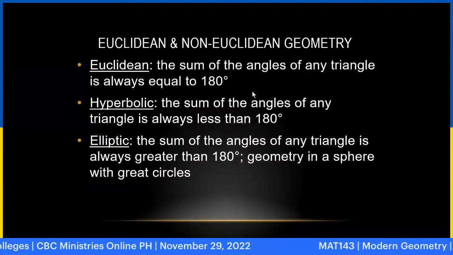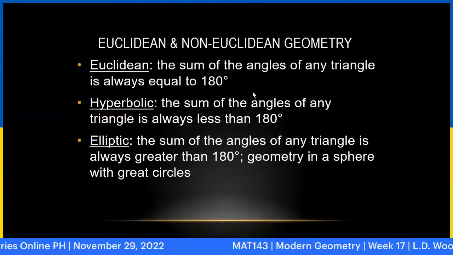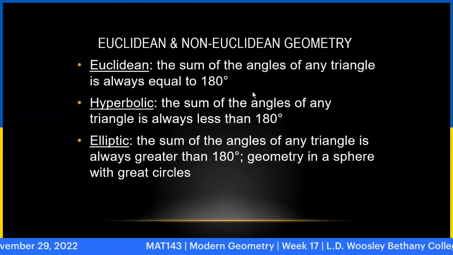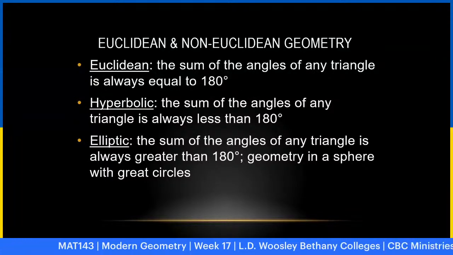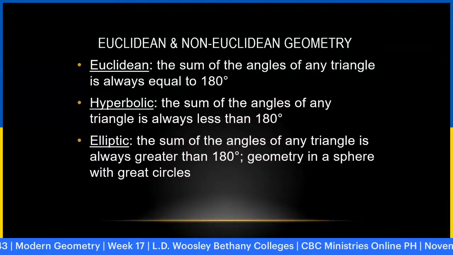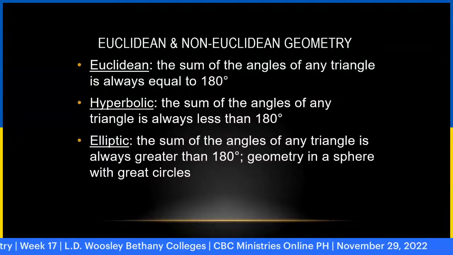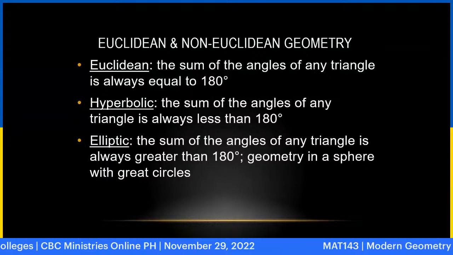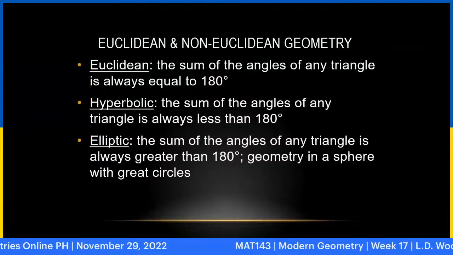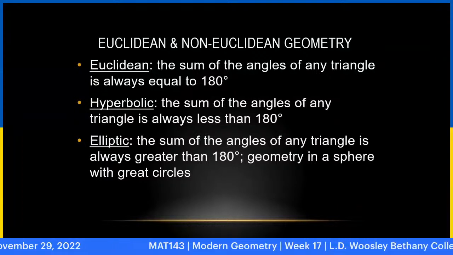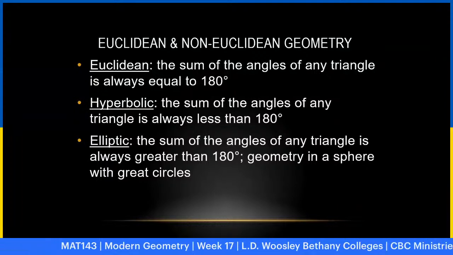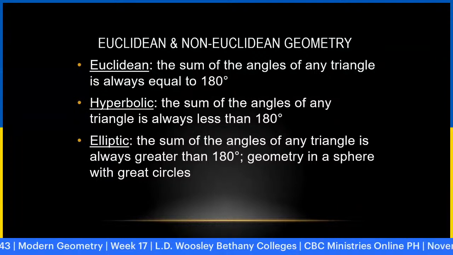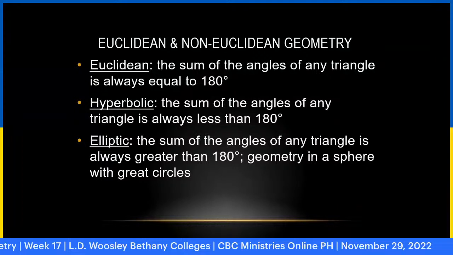And then another is the sum of the angles of a triangle. We know this already; it's just a matter of review. A triangle in Euclidean is 180. Hyperbolic, it's less than 180. And elliptic, as you could see, the spherical triangle is always greater than 180.